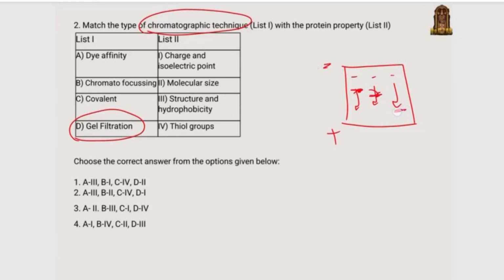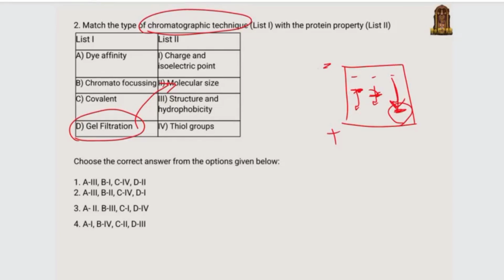The lower one is lighter. So whichever is having less mass will run more. Depending on the molecular size, it differentiates the proteins. It is short and not that heavy, that's why it can run the long way.